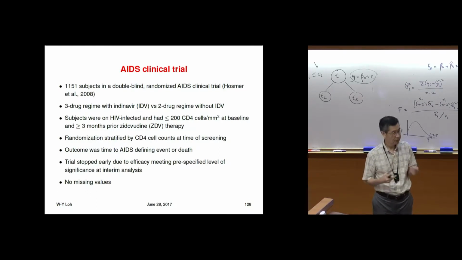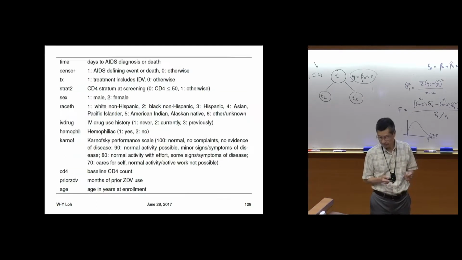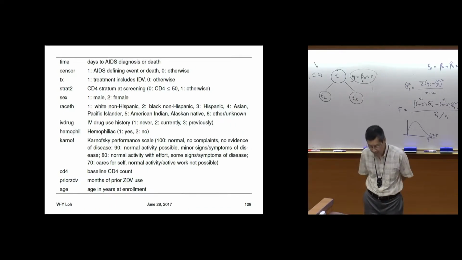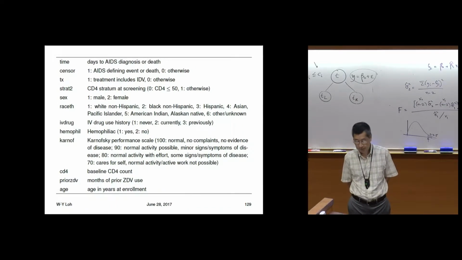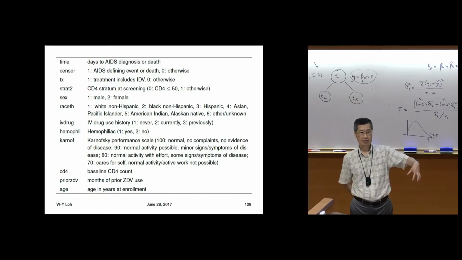And in this example, there are no missing data. Okay. So what are the covariates? Well, first of all, the response is time to AIDS diagnosis or death. That's time. Censoring is whether the event happened. The event is the event of death or the event that this person had AIDS.